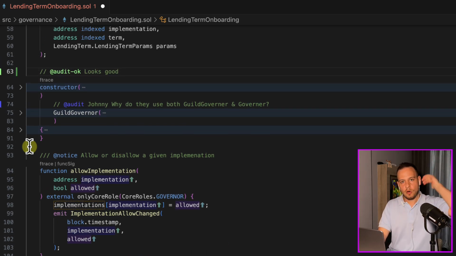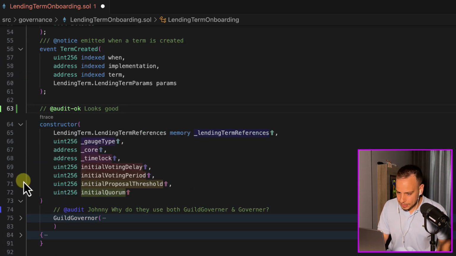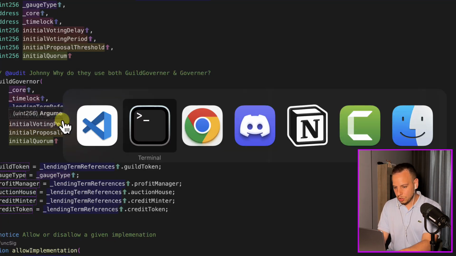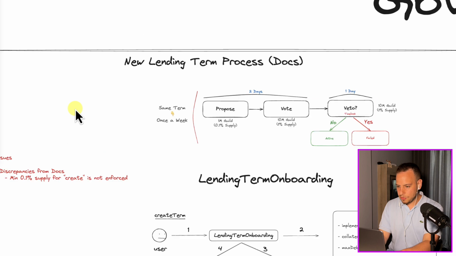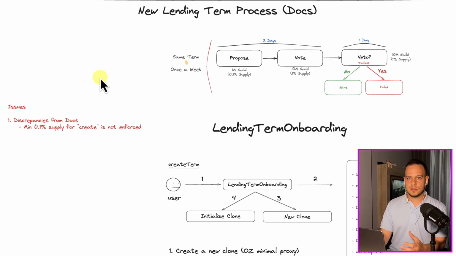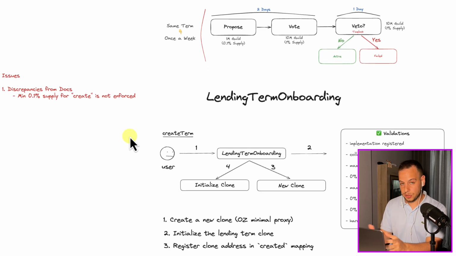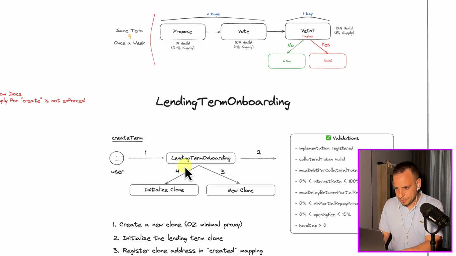I try to go function by function until I understand the whole protocol. Another way to learn the protocol better is not only to read the functions, but to create these kinds of flow charts so you're actively doing something, not just reading code. And then it's also a helpful resource for you or for the other team member that you are working with.